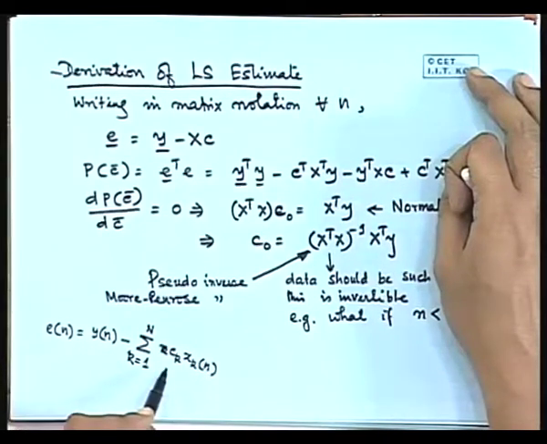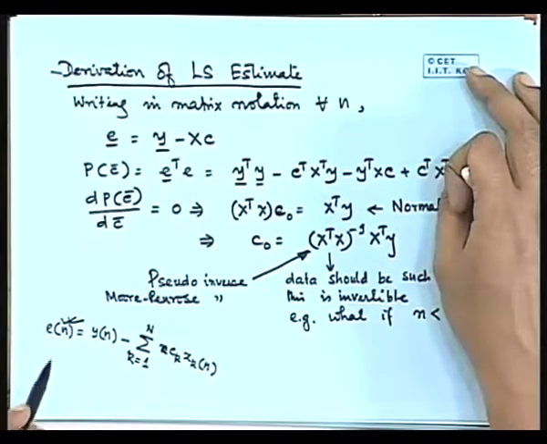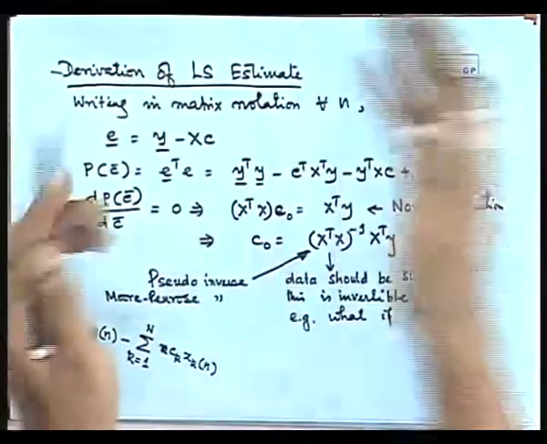Okay, this is my En at any time instant n, right? So if I now stack these e's, E0, E1, E2, E3, in the form of a vector, I'll get this vector.